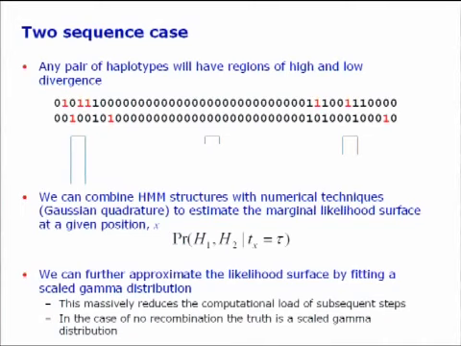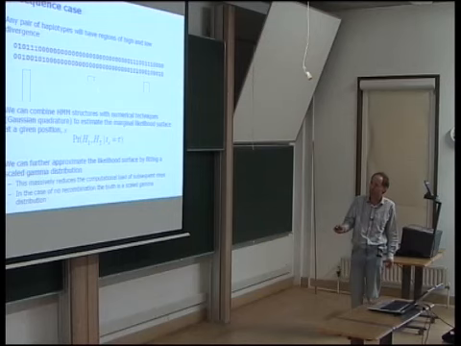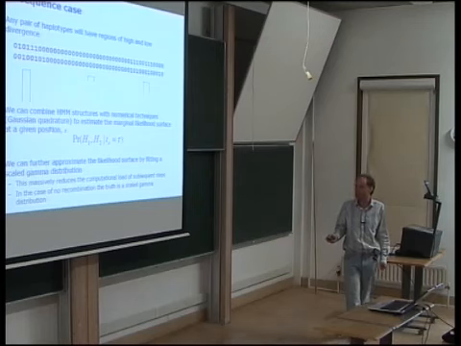And so essentially what we want is effectively a posterior distribution on the tree depth at this position, and to do that we can combine hidden Markov model structures with numerical techniques, particularly Gaussian quadrature, to estimate actually not the posterior distribution, but the marginal likelihood surface at a given position x.